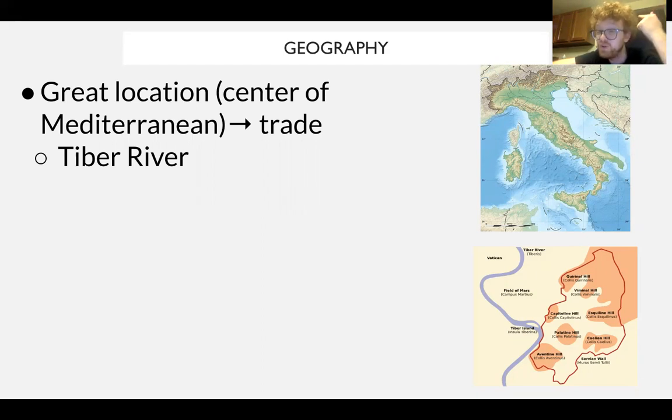But Rome is also pretty well defended, for the most part, because it is further away from the coast. There's no risk of a seaborne invasion. So we are going to have a pretty great starting location, a pretty great spawn point, if you will, for the Roman Empire. Well, first the Roman Republic, then the Roman Empire.